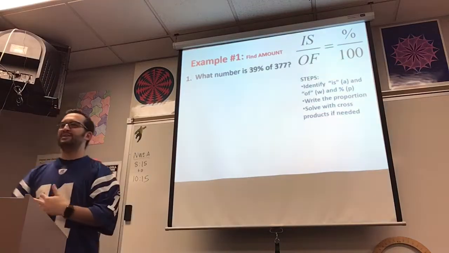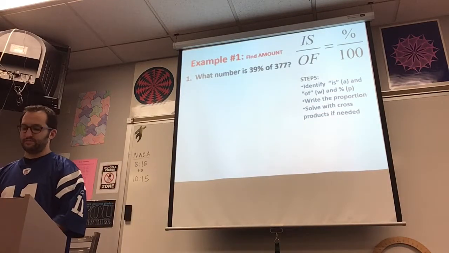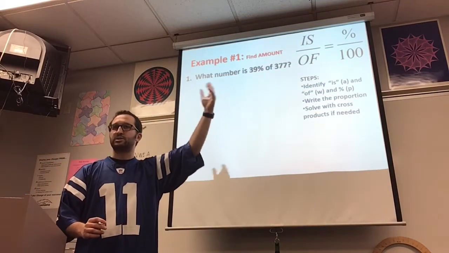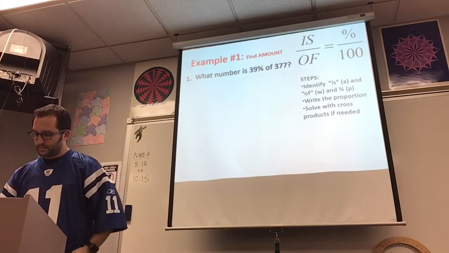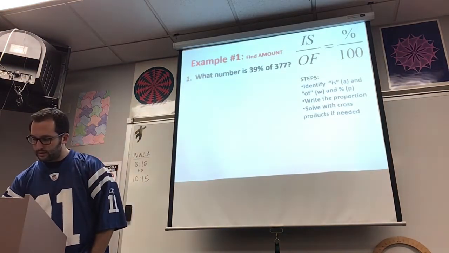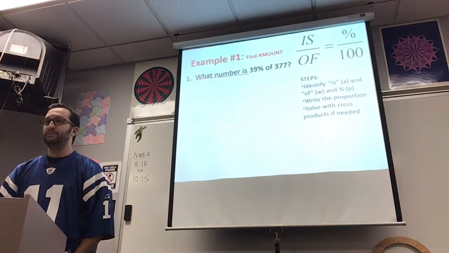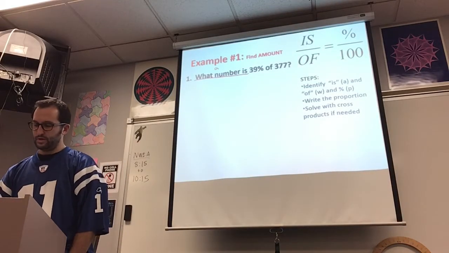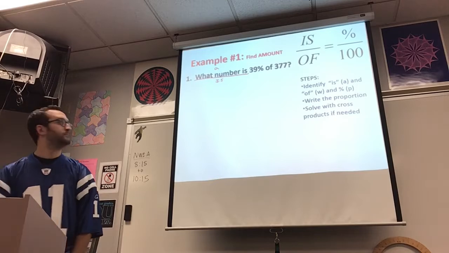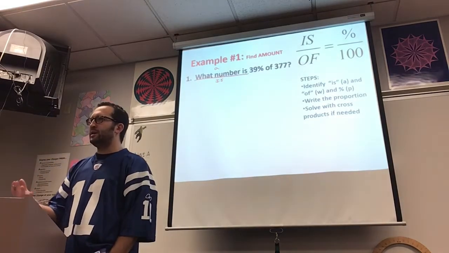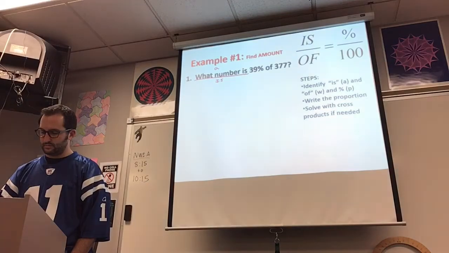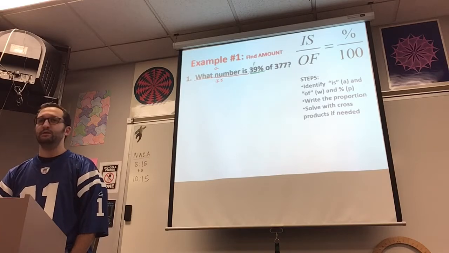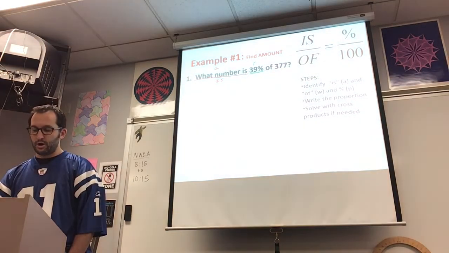So right away, we find the is. It says, what number is 39% of 377? Now, this question looks just like the last one, right? The structure of it. What number is 39% of 377? So right away, we go, what number is? That would be our A value, or our is, right? How do I know it's my is? Because it's the thing that's tied to the word is. 39%, that would be our P, and that would be our percent, right?